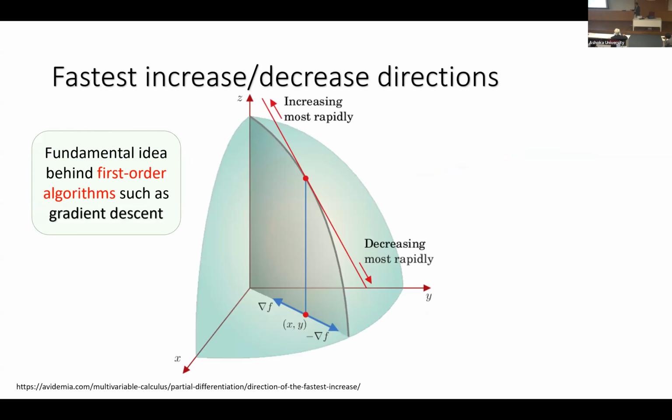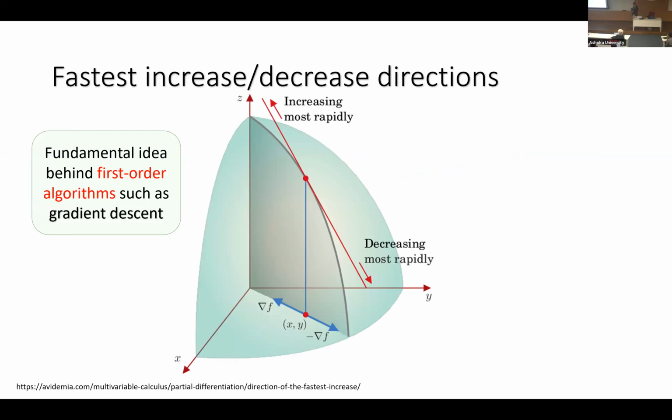So this is the figure that is showing the same thing. It is increasing most rapidly in this direction, decreasing most rapidly in this direction. And this is the gradient direction in the xy plane. Remember that the third axis, the z axis, is where the function is being evaluated, and x and y are the inputs to the function.